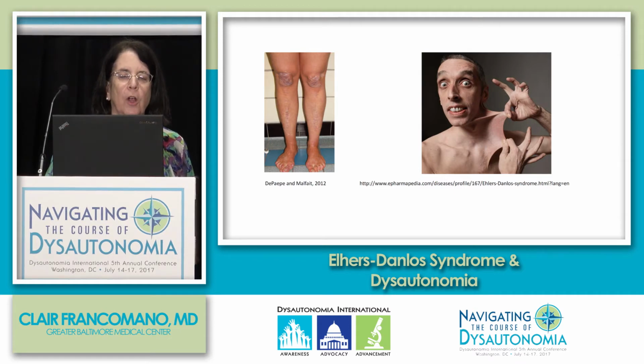Also, very typically, the skin fragility results in very characteristic scarring on the shins of people affected with the classical type. So when we see this kind of scarring on the shins and this degree of skin hyperextensibility, we really tend to think of the classical type of EDS.